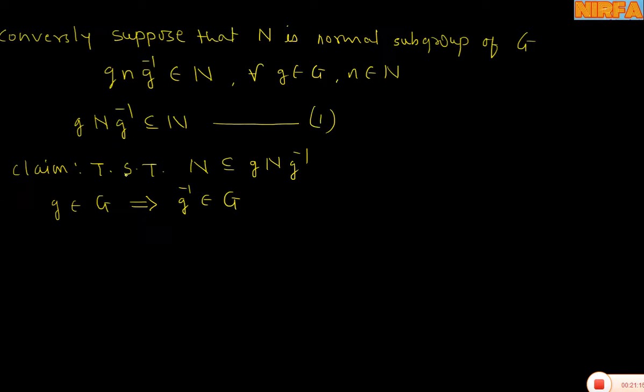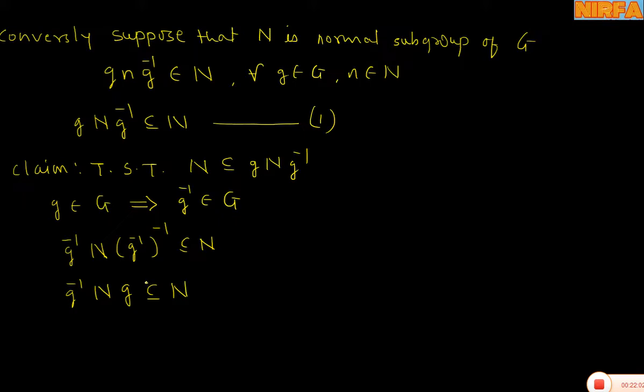So I can take any element from group G. Here particularly I am considering the element g inverse. Then I will write g inverse N and then the inverse of this element, that is g inverse inverse, and this is a subset of what? N. We know that inverse of inverse is the original element, therefore we can write this as g inverse N g is a subset of capital N. All right.